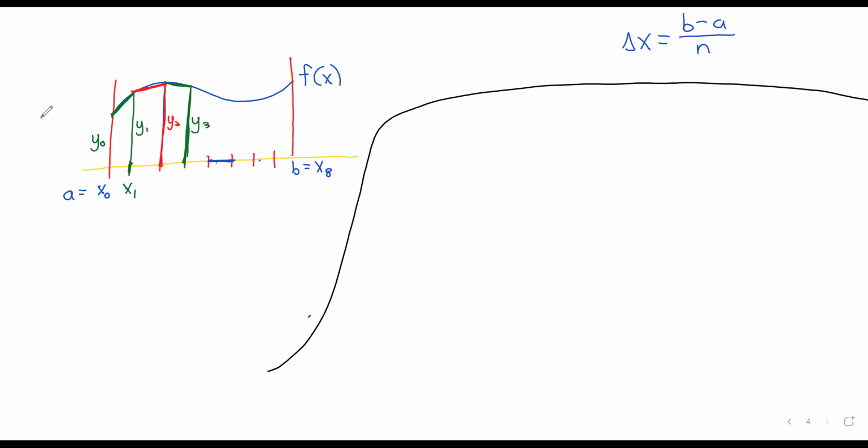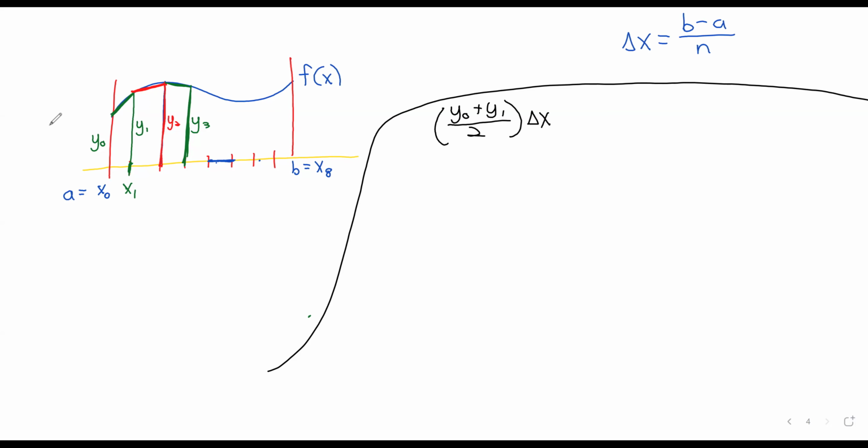So the area of the first of these is the average of the heights. So y0 plus y1 all divided by 2 times delta x.